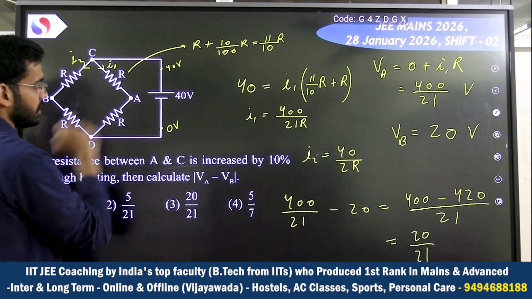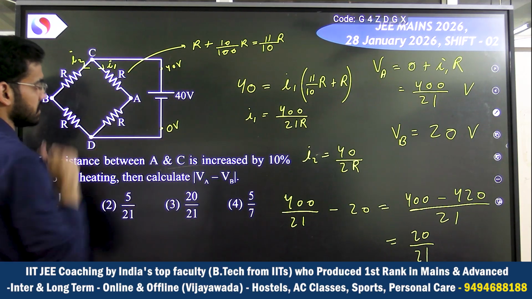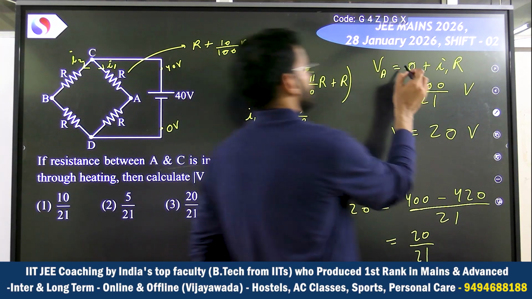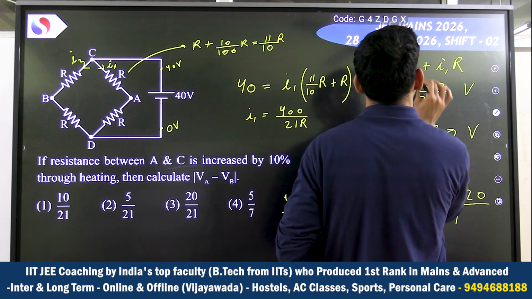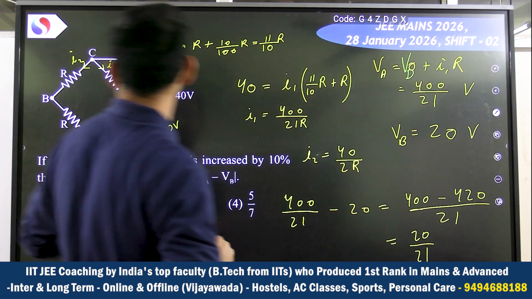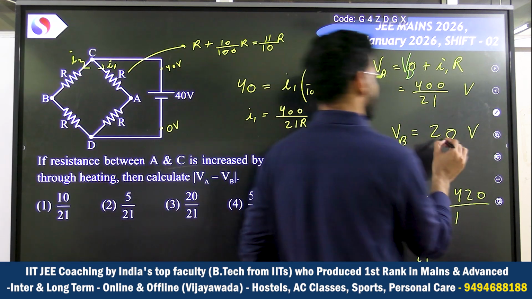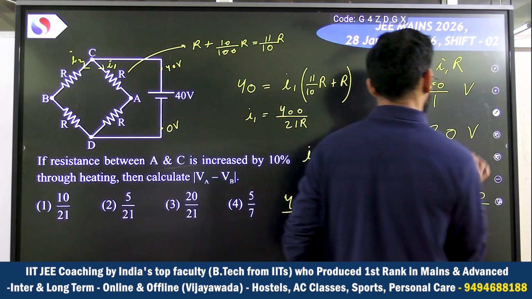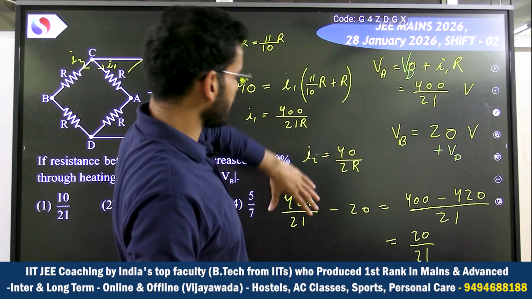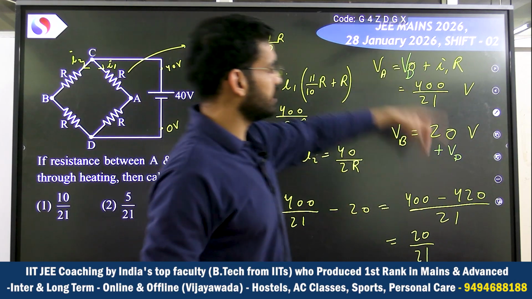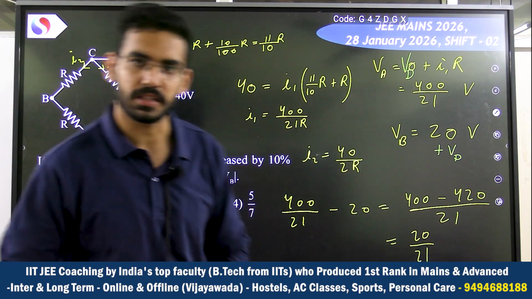So if I want to write VA, VA will be nothing but VD plus IR. So instead of writing 0, here you write VD, and instead of writing VB, you write 20 plus VD. Now when you subtract VA minus VB, VD and VD cancel out, which I had already assumed 0.